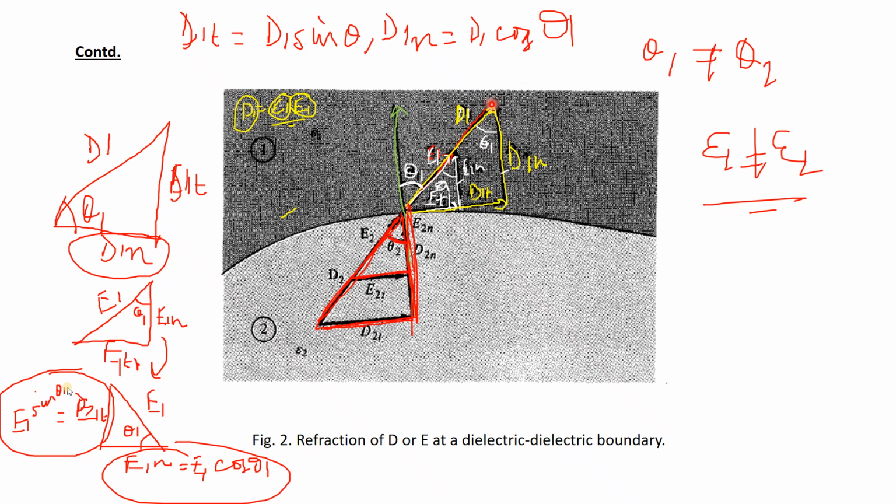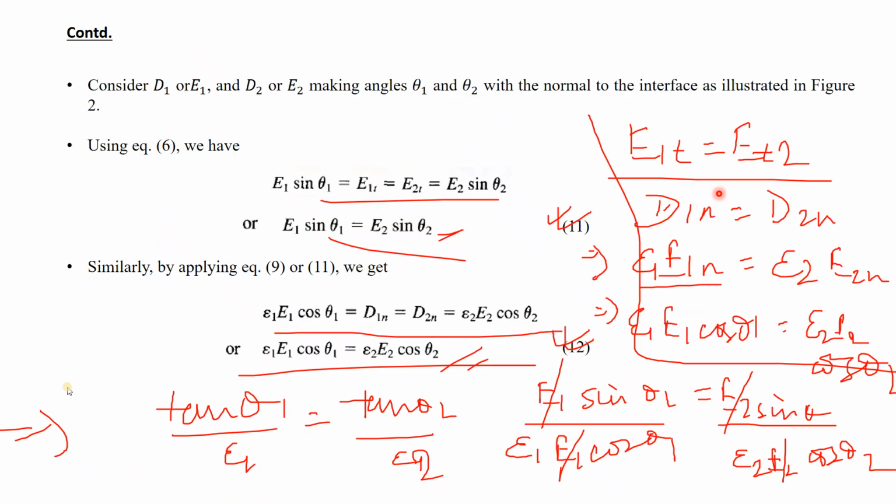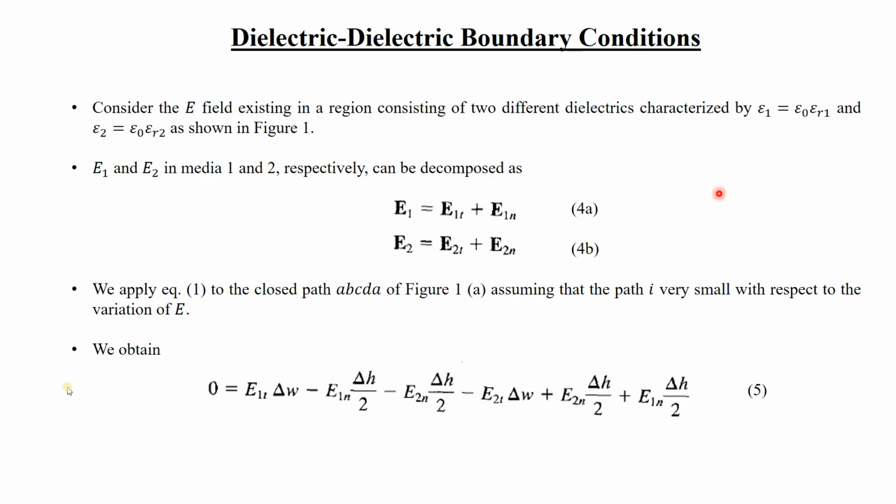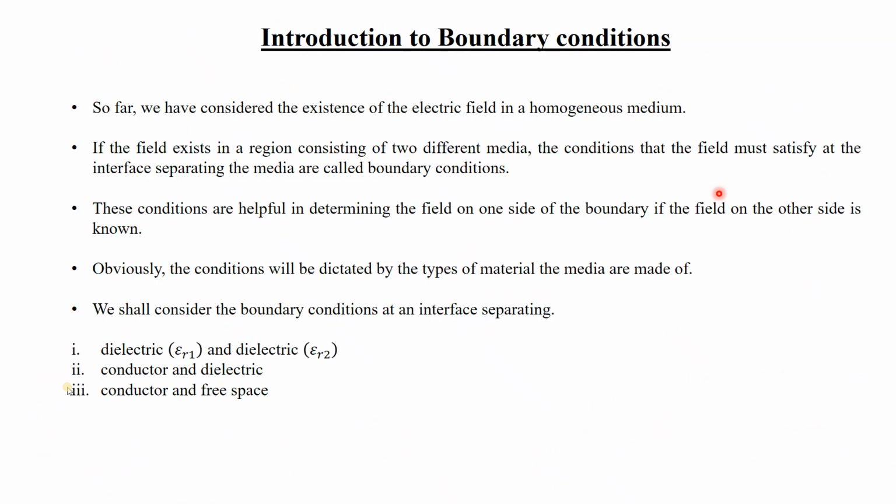We can understand that from these boundary conditions, and how much angle it will refract, we can also understand from the values of the relative permittivity of the dielectric media, that is, epsilon r1 and epsilon r2. So this was all about the dielectric and dielectric boundary conditions.